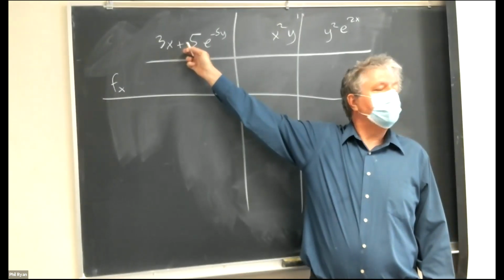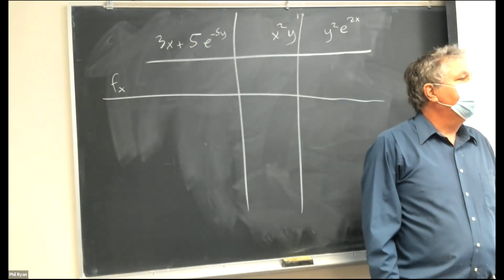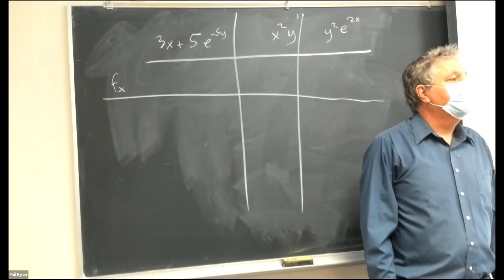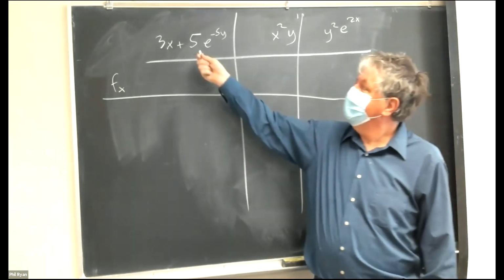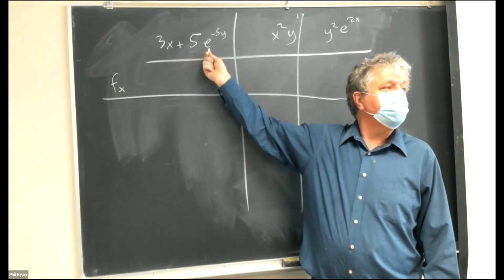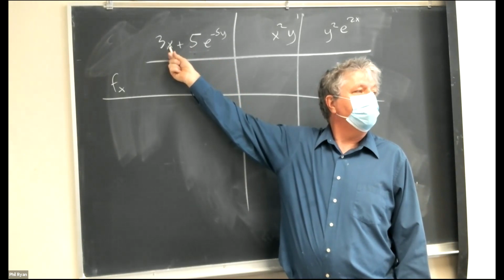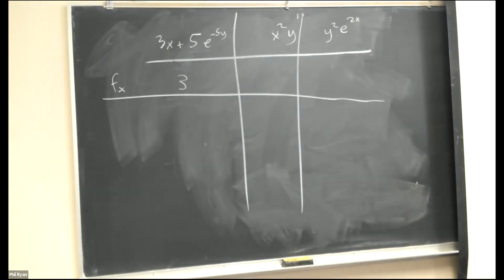What's the derivative of this with respect to x? This is a constant. It's an additive constant, so it goes away. This is just an x, so it's just what is the number in front of the x? It's 3. Okay, if we just fix y and let x vary, this is just a linear function.